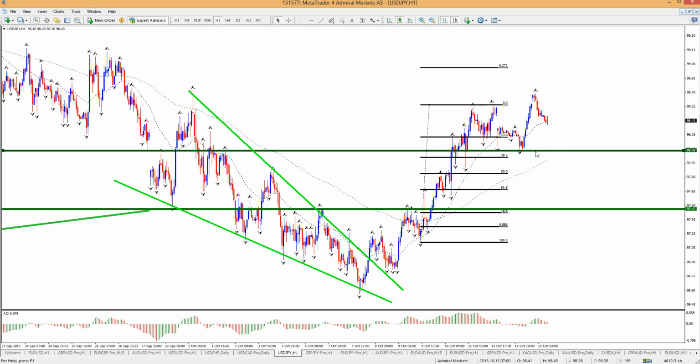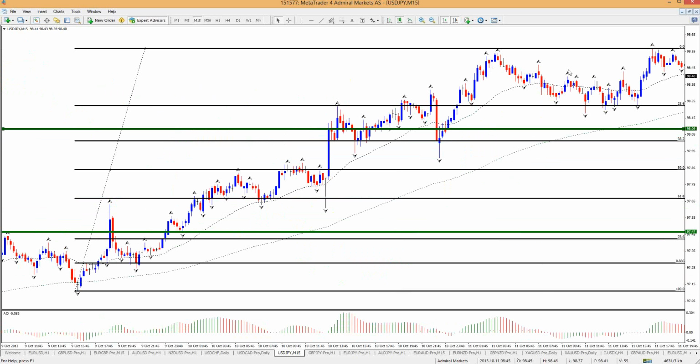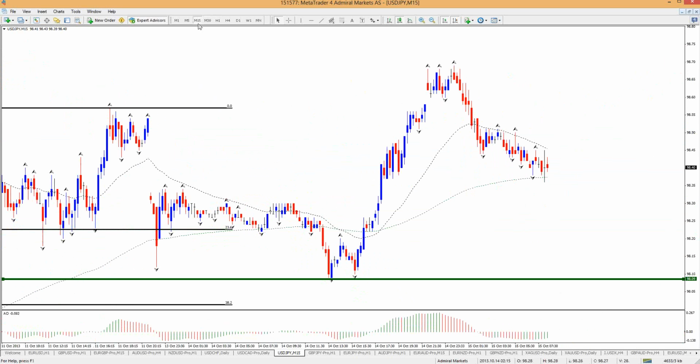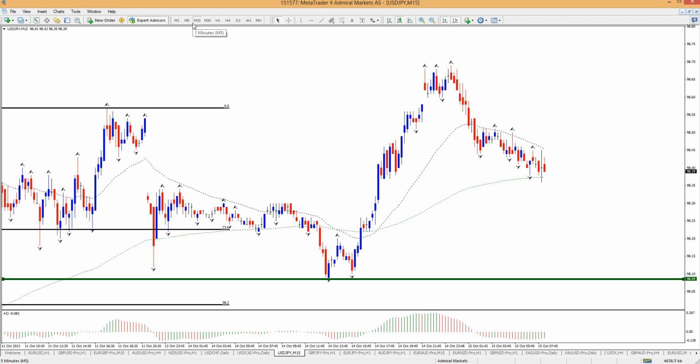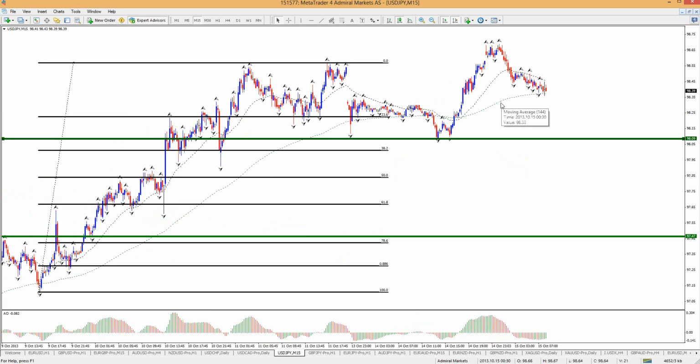So that's an important level. 98.10 shouldn't be broken. Back to the 30. But the question is if we even go that deep, because we could bounce anywhere in here, in fact. It's possible. We could keep doing this as well till we get lower and then bounce.